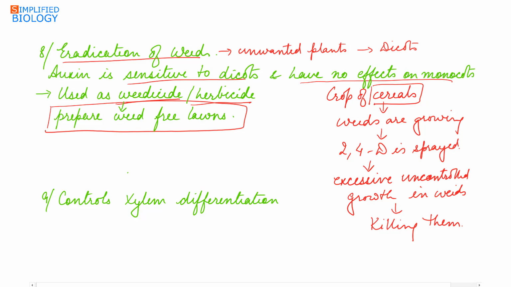And last, auxin also controls xylem differentiation, that is formation of xylem elements. So, auxin is capable of causing growth of the shoot by cell division and cell enlargement.